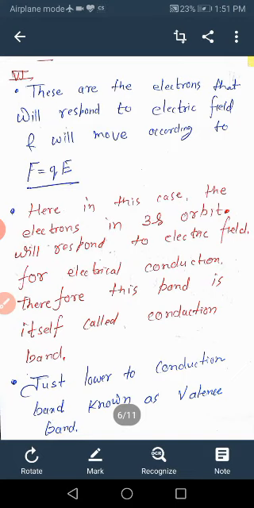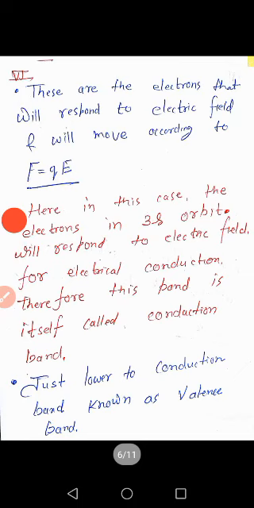On an electron it will again apply a force, and the electron in the outermost energy level will be the one that responds to this electric field. So in this case, the electrons in the 3s orbital will respond to the electric field for electrical conduction. This we have already discussed.